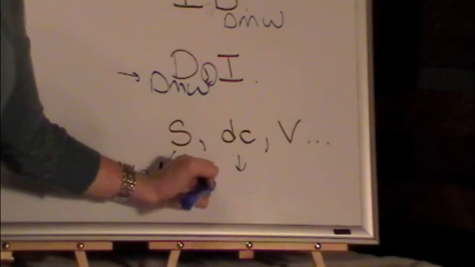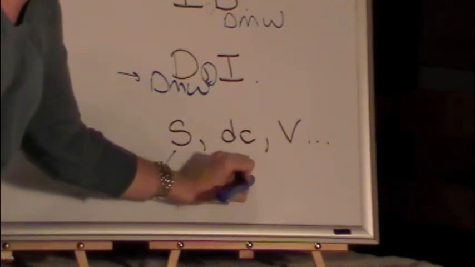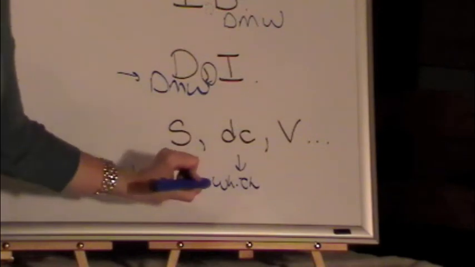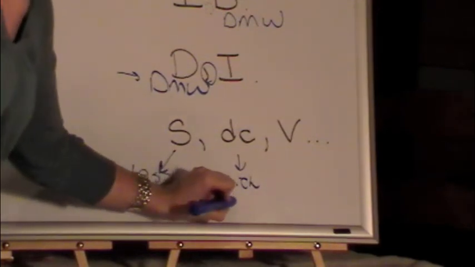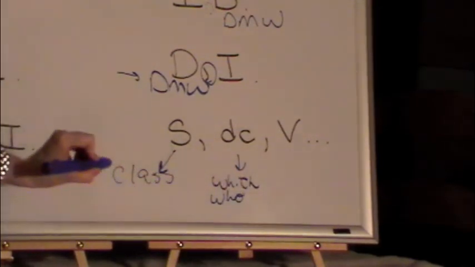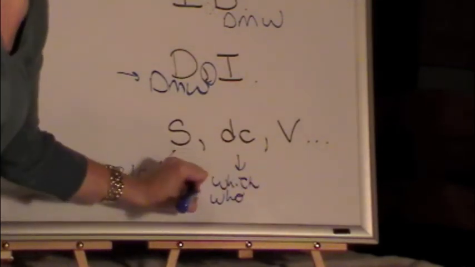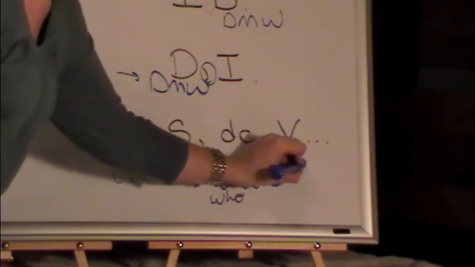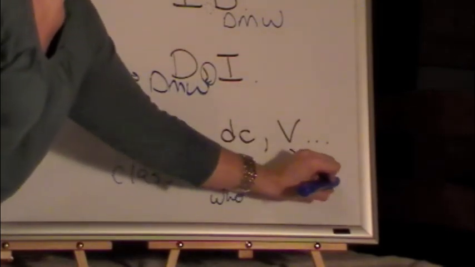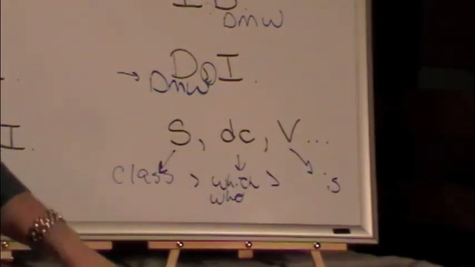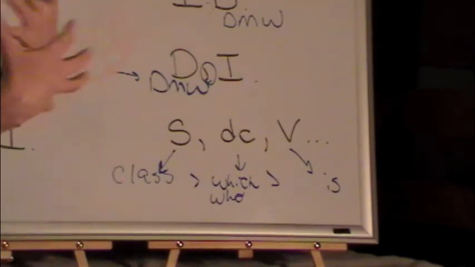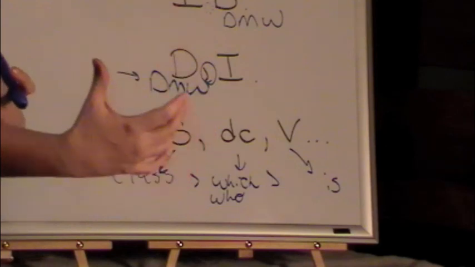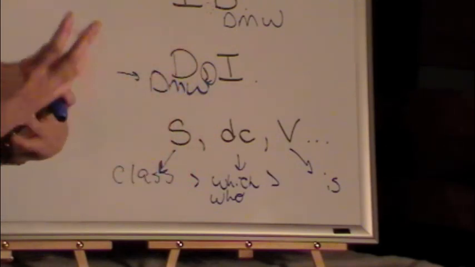And it has the words which. It could also have the word who. All right? And it's surrounded by commas. And then last of all, you're going to have your verb. In this sentence, it's is. And then whatever the rest of the sentence is going to be. So this class, which is very interesting, is enjoyable.